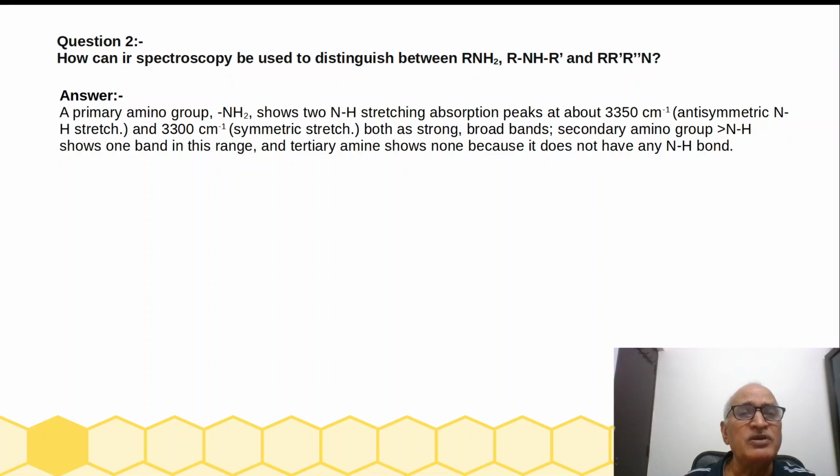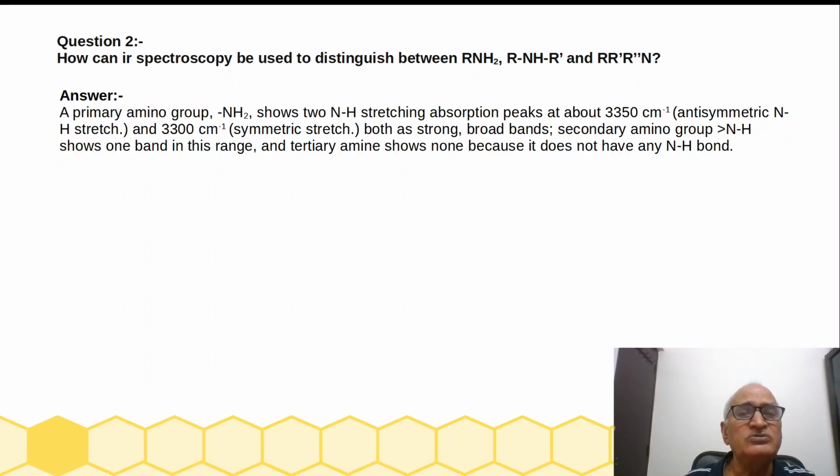Remember, primary amino groups have two NH bonds, so they show two peaks. Symmetric stretching means both bonds elongating simultaneously, and when one bond elongates while the other constricts, that is called antisymmetric. So primary amino groups show two peaks, one for antisymmetric stretch and another for symmetric stretch.